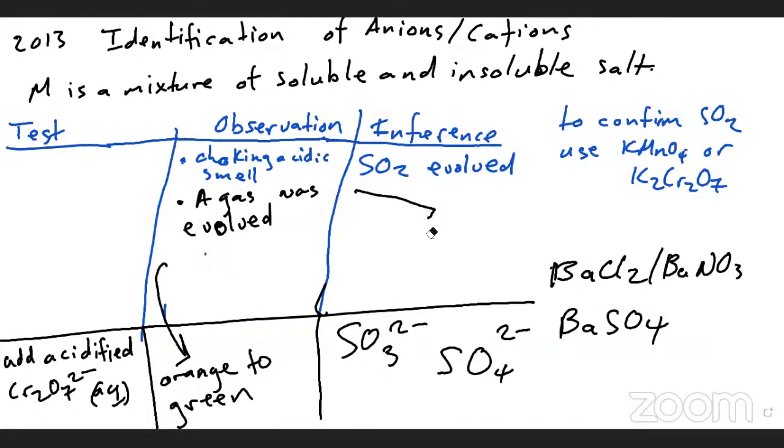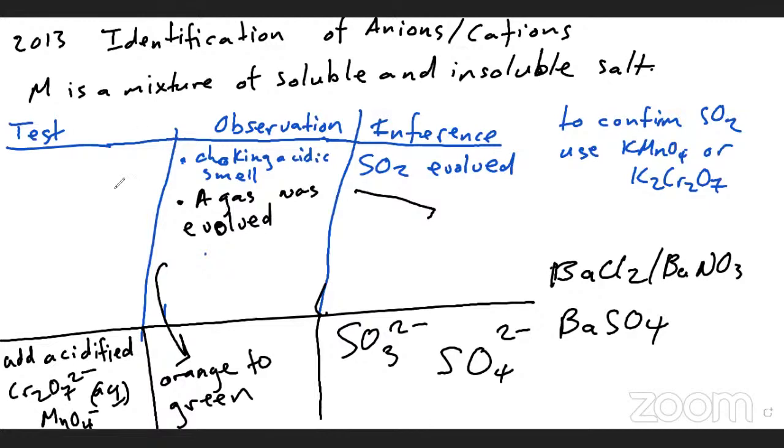If it was MnO4 minus, then your observation would be purple to colorless. And for the SO4, the sulfate, you would get a white precipitate.